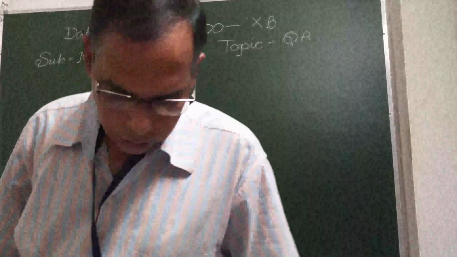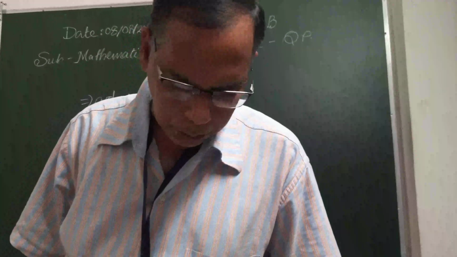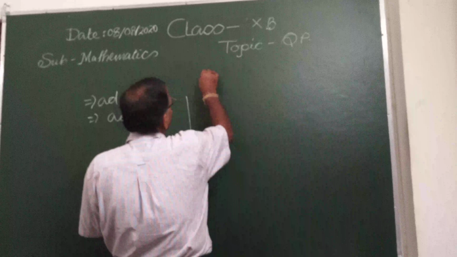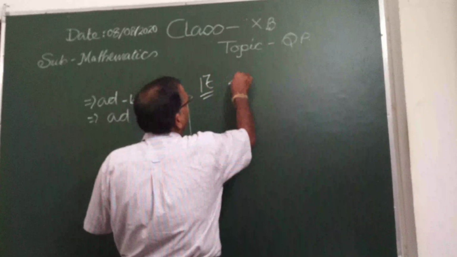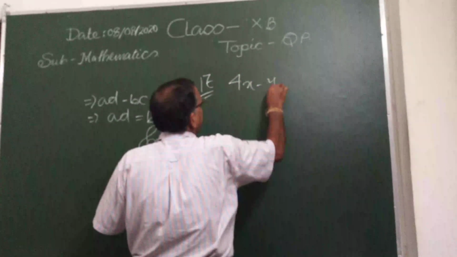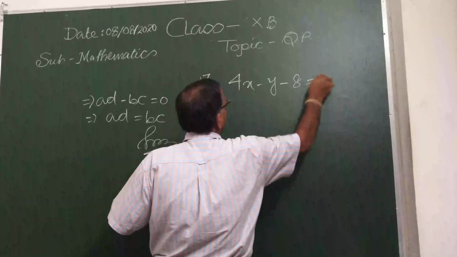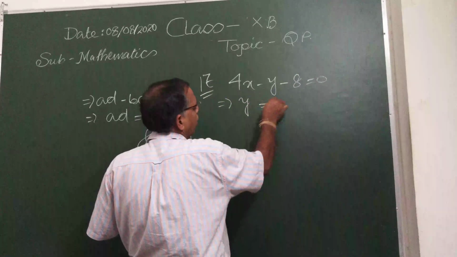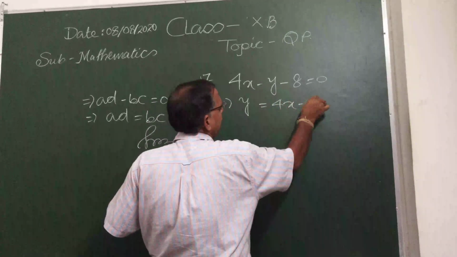So what is that? First equation is 4x minus y minus 8 equal to 0. Ultimately, what is that? y equal to 4x minus 8.